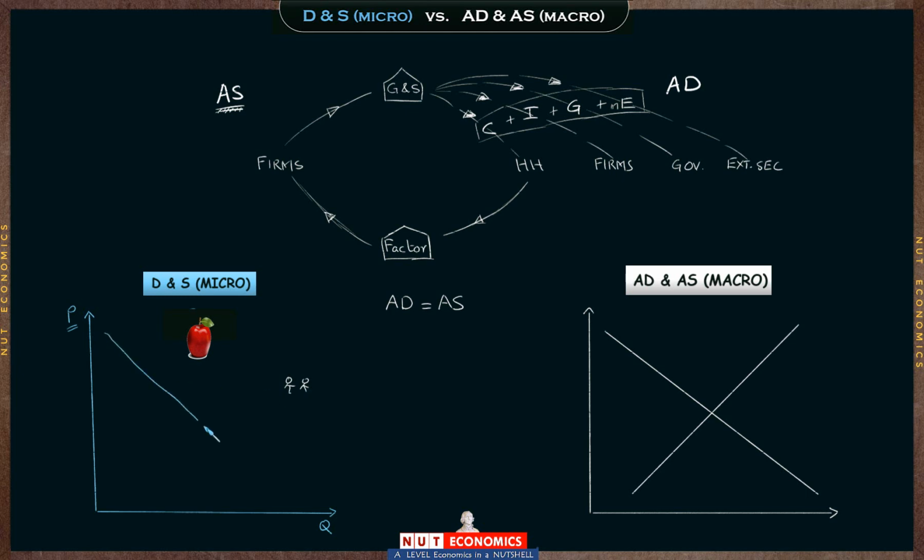And then we came up with this demand curve, which tells us how these consumers of apples react to different prices. This downward sloping demand curve simply told us that if the price of apples falls, then the consumers would want to buy more apples, whereas if price increases, consumers would wish to buy fewer apples.